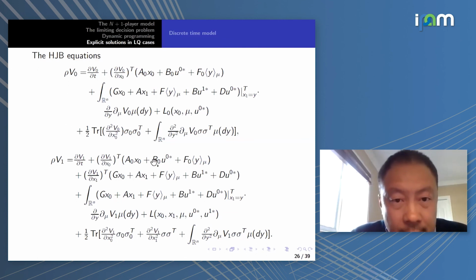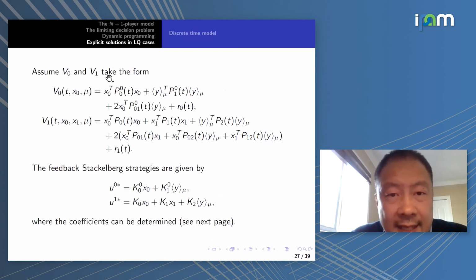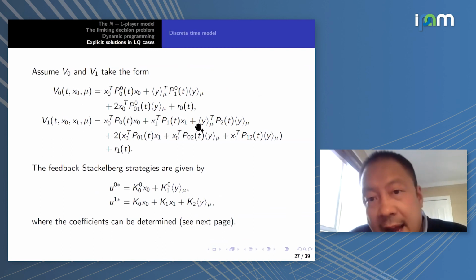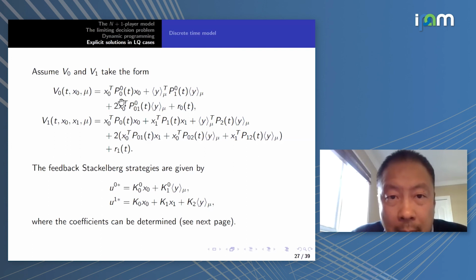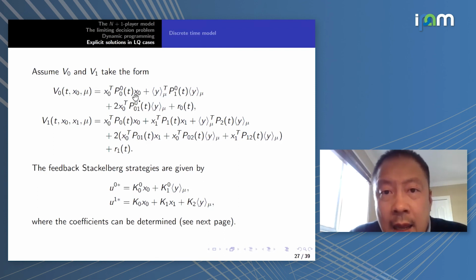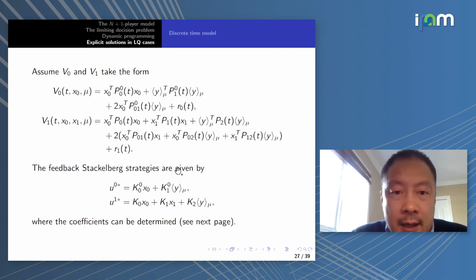And next, we try the ansatz for the two value functions. Here we have the coefficient matrices. In the end, we have 9 matrix unknowns, plus a scalar function.